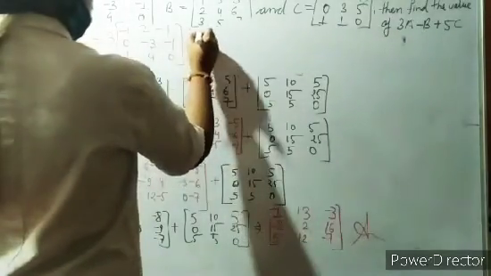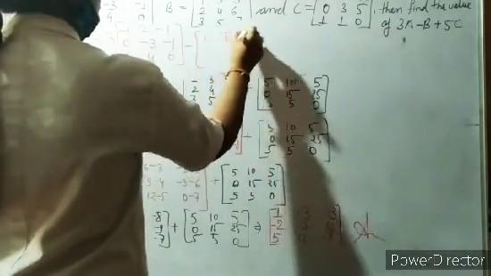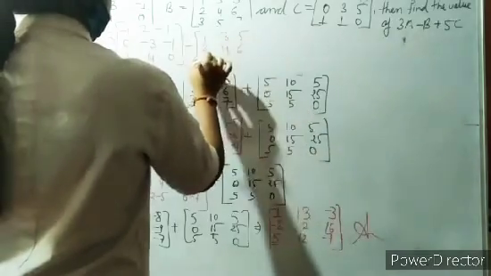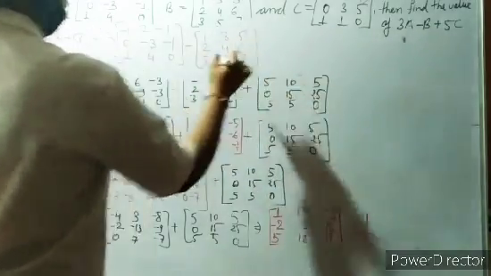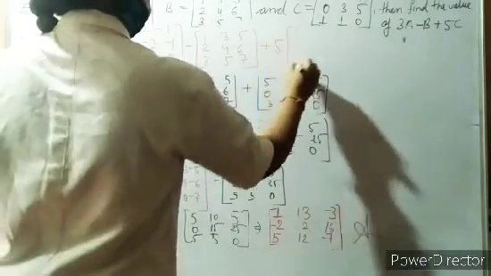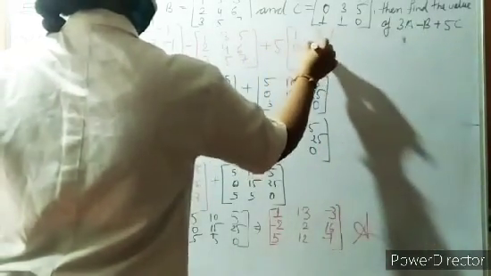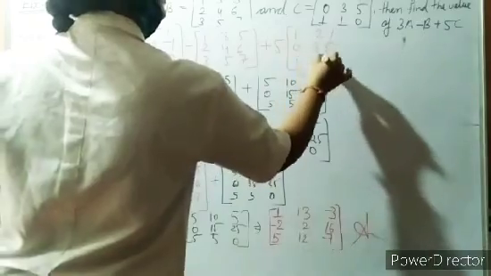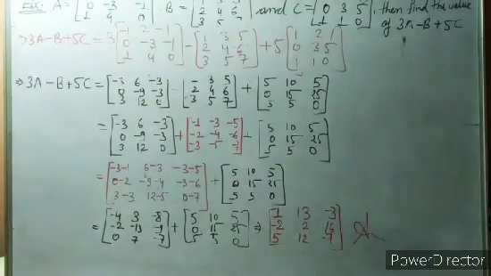And here you see [-1, 5, 2; 4, 6, 3], 5, 7. And here plus 5 times [1, 2, 1; 0, 3, 5], 1, 1, 0. So like that you solve and you will get the answer. So thank you students, and you try to solve exercise 3.2.